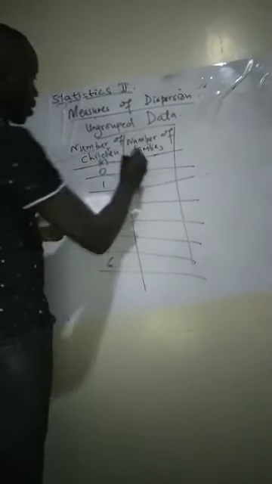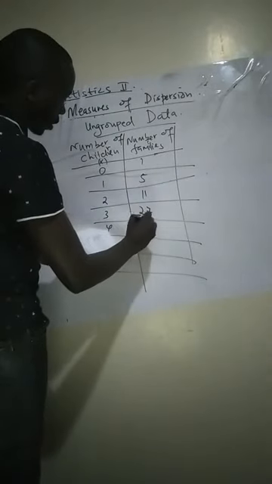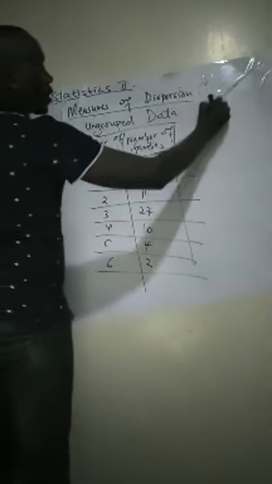The frequencies are 1, 5, 7, 10, 2. Now you're given the assumed mean is 3. Remember I said if you are not given the assumed mean, you can take any value on any of these values of x.